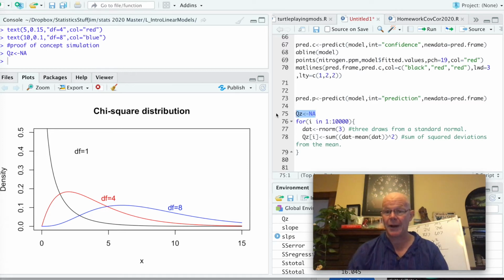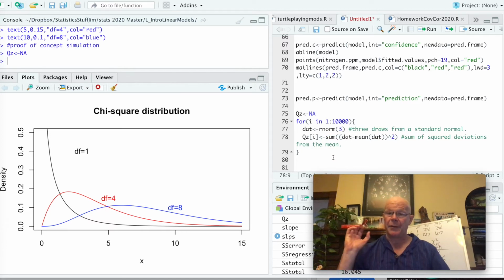I'm creating an object called QZ, which is simply going to be a vector that is the sum of the squared deviations from the mean. Okay, so again, that is the numerator of variance. And what I'm going to do is do it 10,000 times.